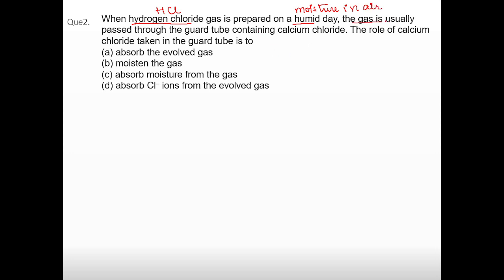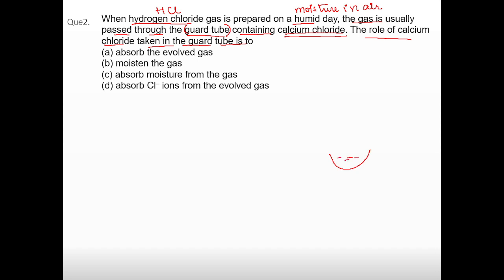The gas is usually passed through the guard tube containing calcium chloride. The role of calcium chloride taken in the guard tube is, see, this is a kind of glass tube, and in this glass tube basically we are keeping calcium chloride. I'll tell you one experiment wherein the vapor pressure thing is there.